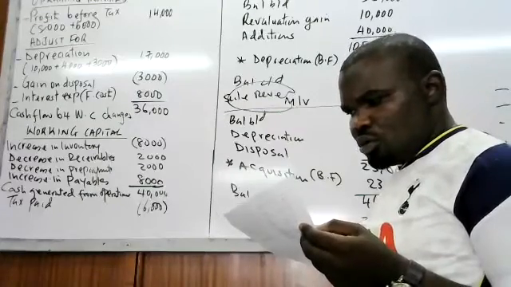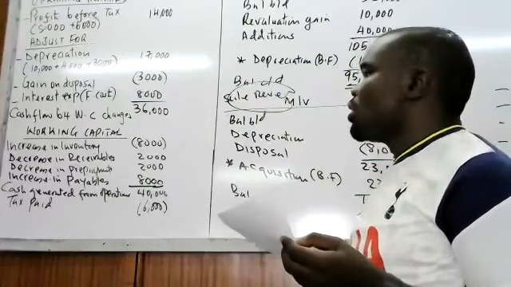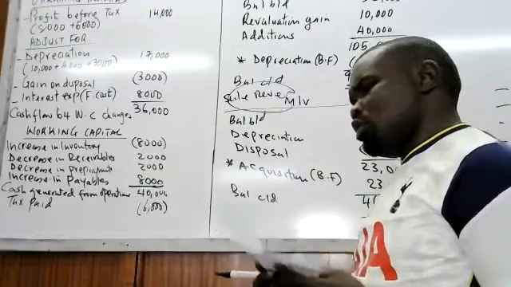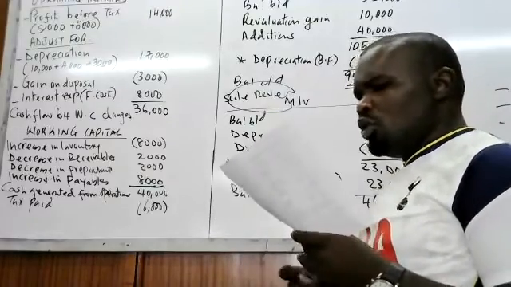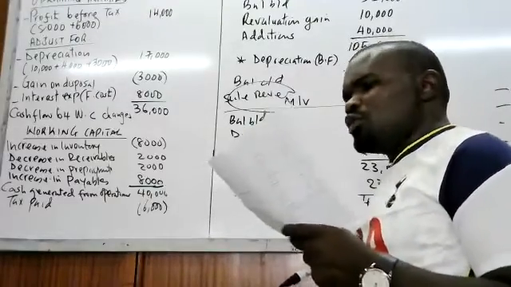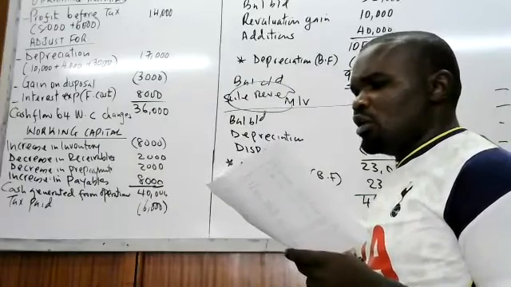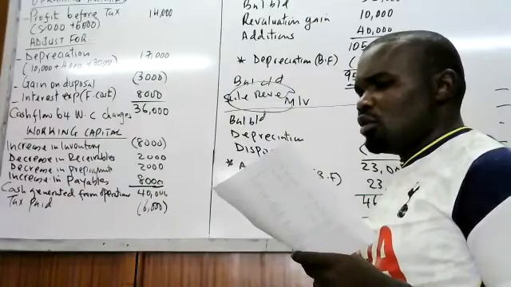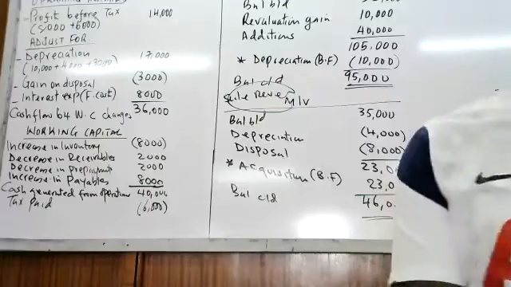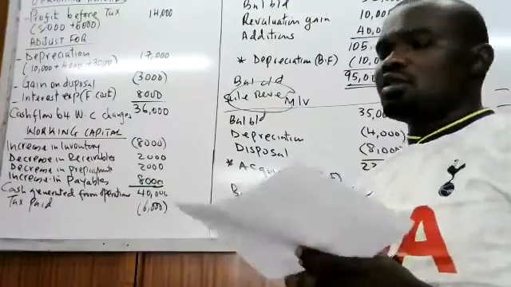Wait. There is an issue. During the year, tax amounting to 6 was paid. And what current tax are they giving us? Are you seeing current tax in the liabilities?